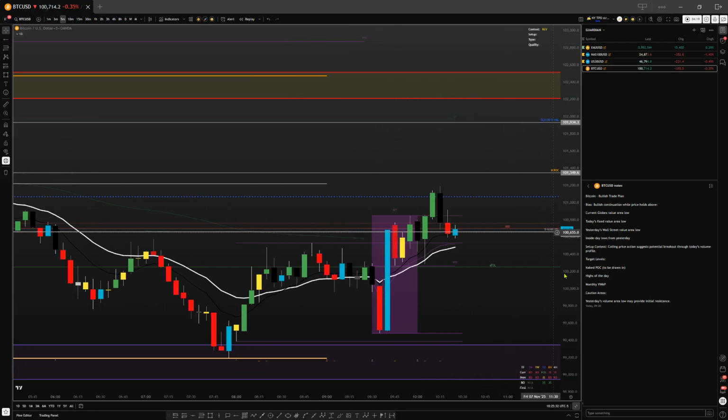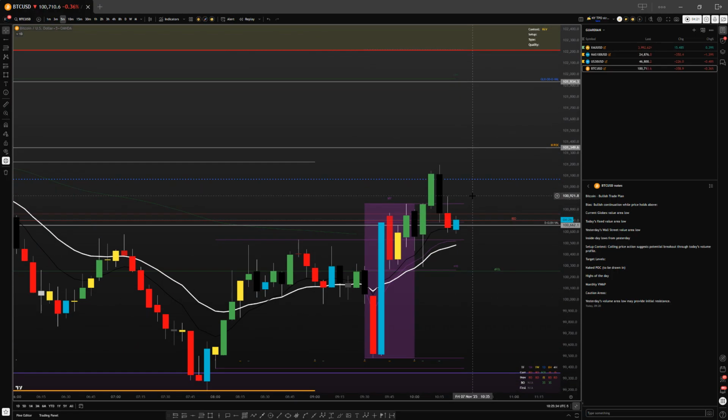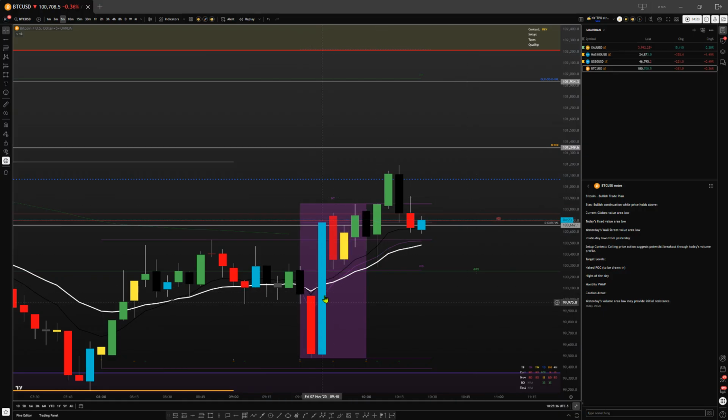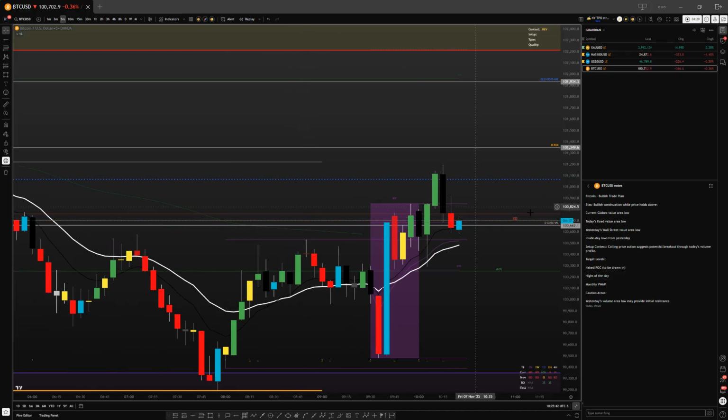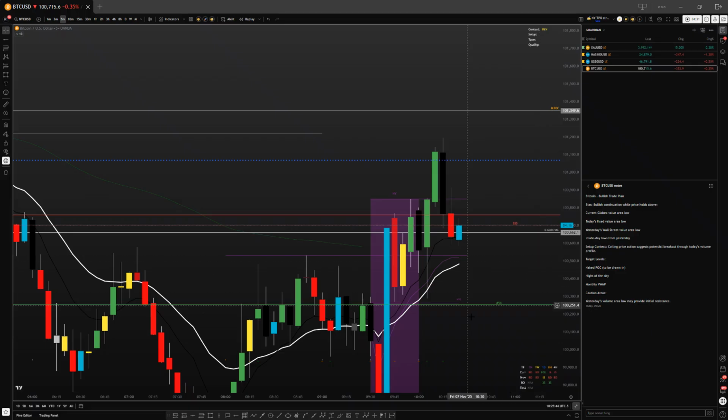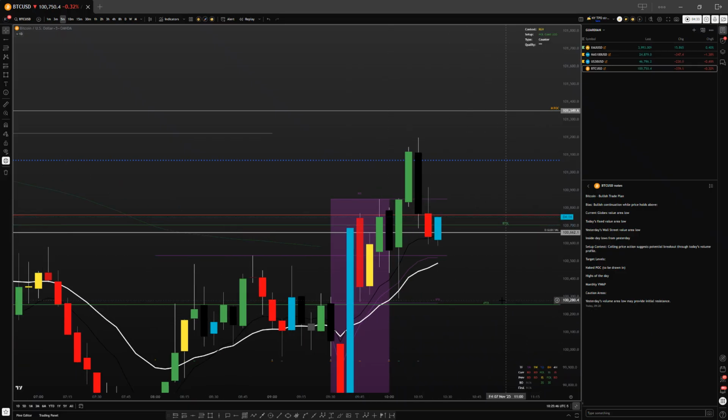But we are relying on the Wall Street opening VWAP to act as support. The New York opening price and daily fake out low level, so yesterday's lows and today's opening price, as secondary support.